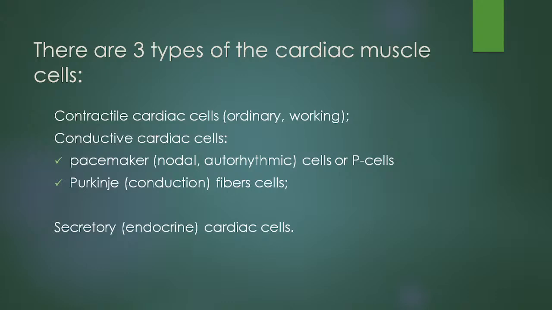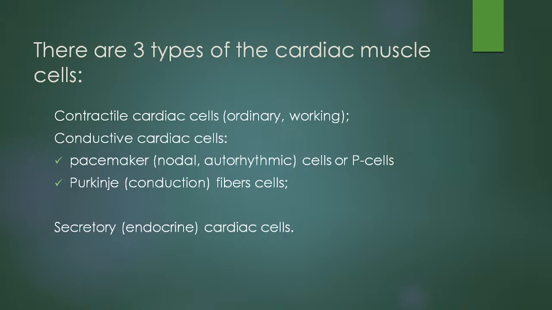We are speaking about Purkinje fiber cells. These are large muscular cells with a vacuolated cytoplasm due to the high glycogen content.